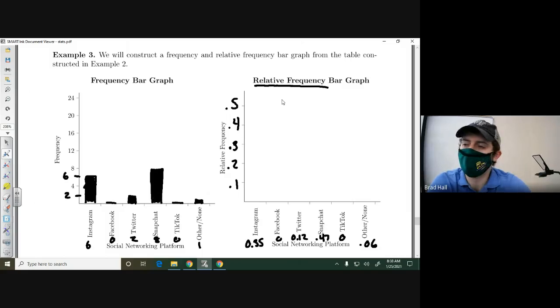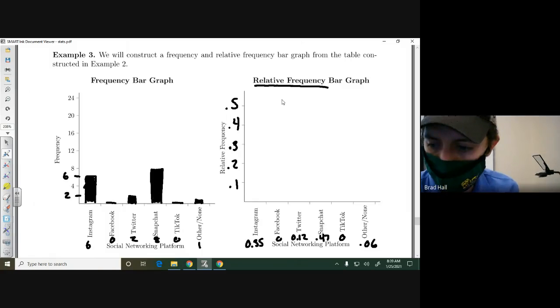But if you typed all this information into a computer and told it to do all of this for you, it would generate those y-axis markers for you. From here, it's the same thing, except the bars do not indicate their frequency count, it's their relative frequency. So Instagram was 0.35. It might be hard to see here, but we figured it out already in the table.